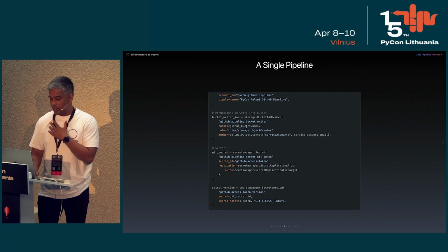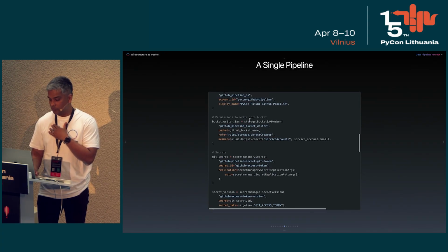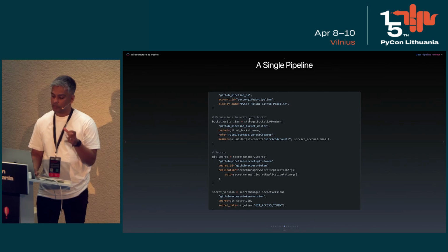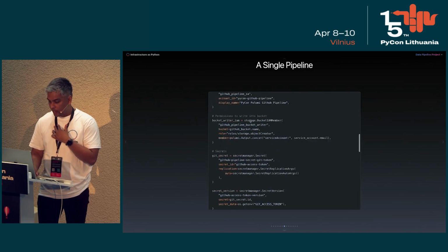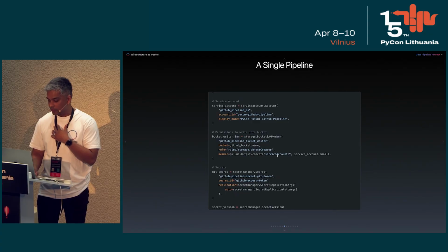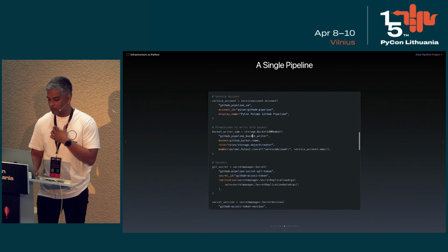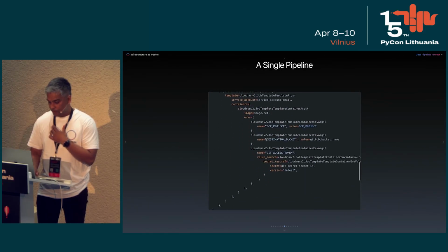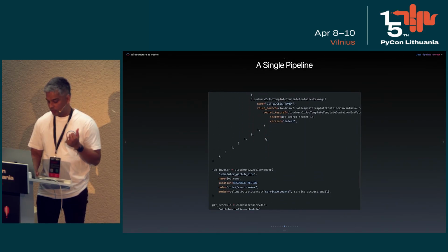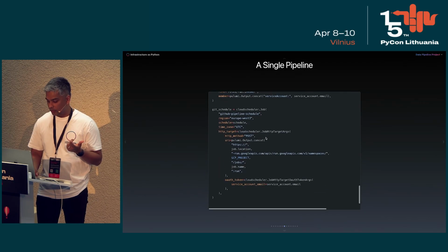So there is a direct link between both of those resources, and Pulumi will work out which needs to be deployed first and which comes second. The thing to point out here is that the output of the service account becomes the input into the bucket IAM resource.